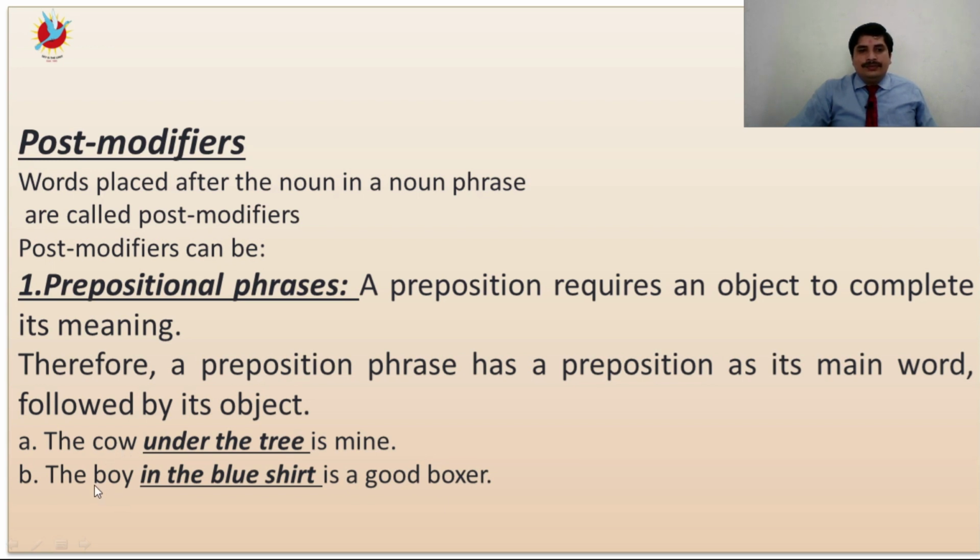Okay. Similarly, the boy in the blue shirt is a good boxer. The is a determiner, boy is a noun, in the blue shirt is the post modifier of the noun boy. In is a preposition and the blue shirt is the object of the preposition in. Okay.